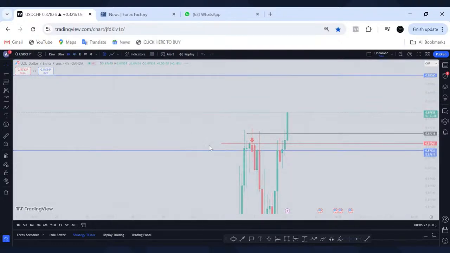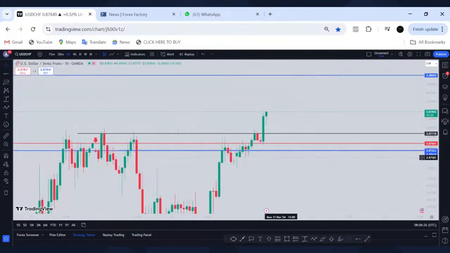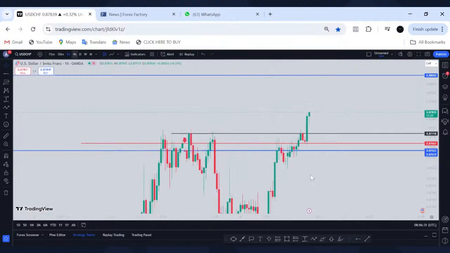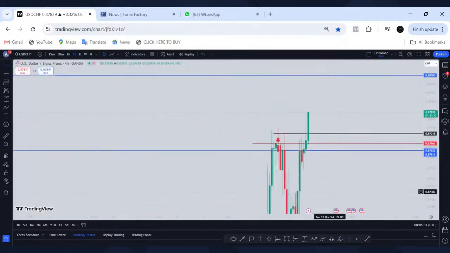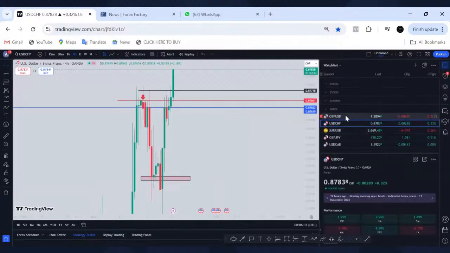Wow, the move is massive. It's really massive. Even on the H1, there was an opportunity. So normally this is how I enter. I remember I entered one breakout in GBP.